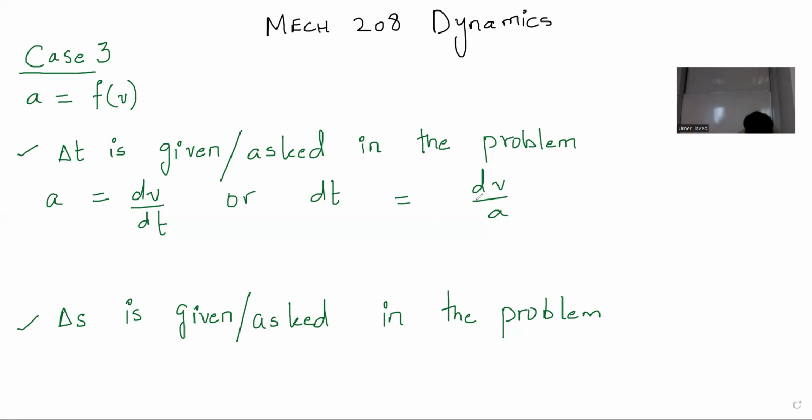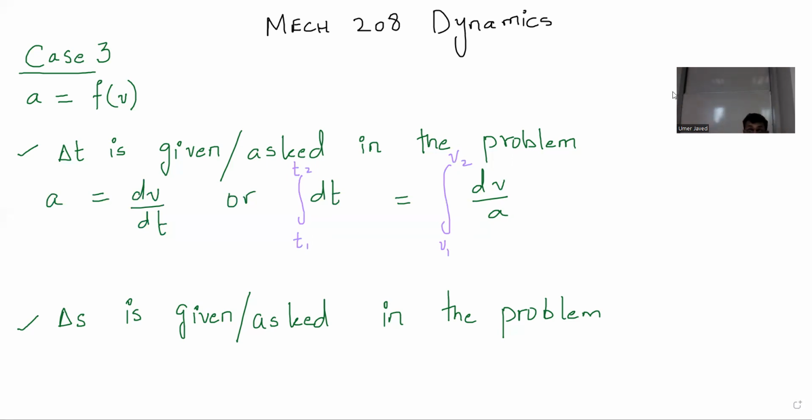It surely makes sense. So I will use a purple marker. T1 to T2 integral. Any guesses about the limits? V1 to V2, right? And I have to stop here. I cannot proceed, right? Now I have to give you a question, only then you can proceed.